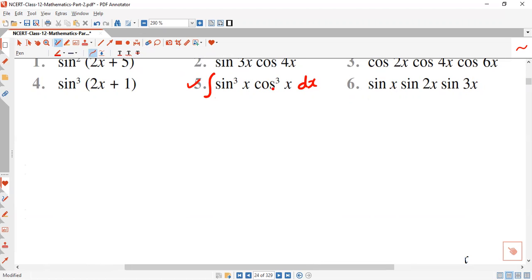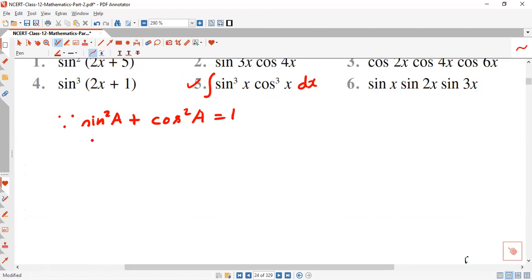I will replace one part with the other, because sine square x can be written this way, since sine square a plus cos square a equal to 1. So we convert the whole function into cos.